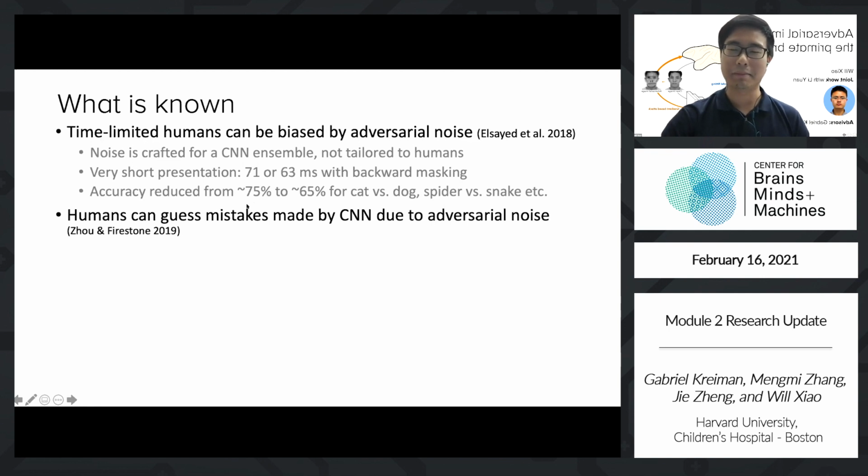And this is not surprising because usually we are hardly able to see adversarial noise under normal viewing conditions. So for this to work, something has to be different. And another somewhat related result from Zhou and Firestone is that humans can guess what wrong categorizations will be made by CNNs. That doesn't necessarily mean humans will make the same mistakes, but just that they can anticipate how the CNNs will get it wrong.